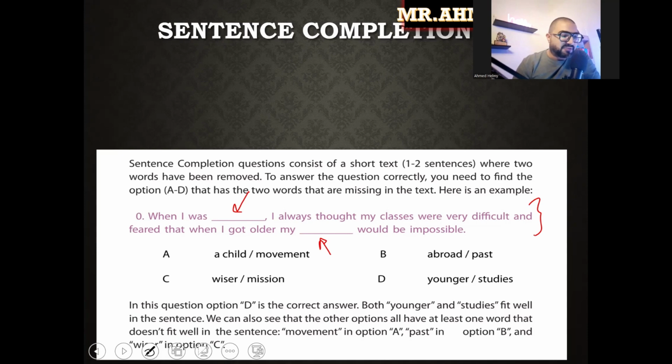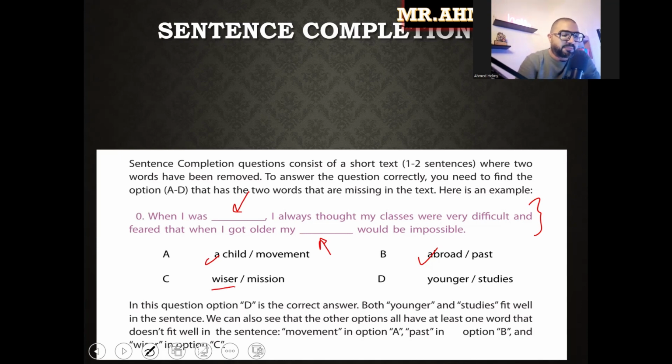If I say when I was a child, a child is correct. When I was abroad, abroad is correct. When I was wiser, that means you were wise yesterday and today you're stupid. So the word wiser here doesn't work at all, because once wise is always wise.